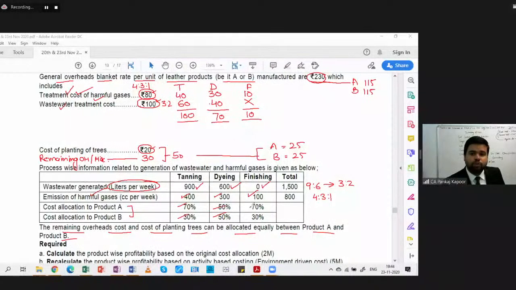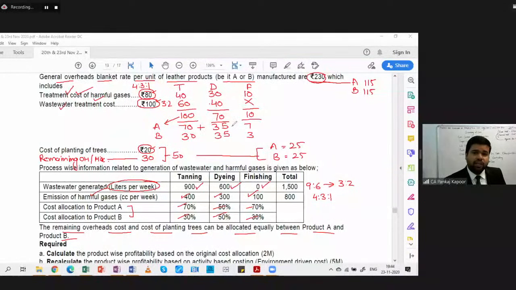This 10 rupee needs to be distributed in the ratio of 70 and 30. So out of 100, how much is relevant to A? 70% is relevant to A, whereas 30 is relevant to B. Similarly, in the case of dyeing, the sharing ratio is 50-50, so 35 is related to A and 35 to B. In the case of finishing, the 70-30 ratio again, 7 related to A, whereas 3 related to B.